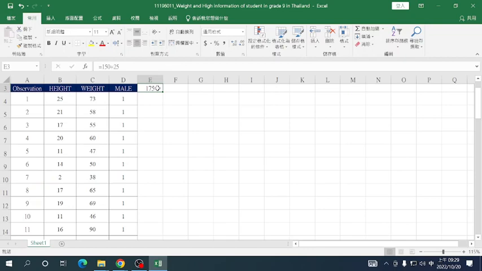So 25 is a ninth grade student with 175 centimeters. Does that make sense? It's supposed not to be higher than 1 meter 80, right? Can it be higher than 180? Sure, if the student is that tall, no problem.